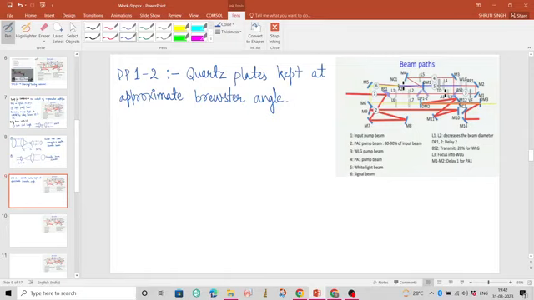And after this we have this A1. A1 is the aperture. Here this is the delay tool.